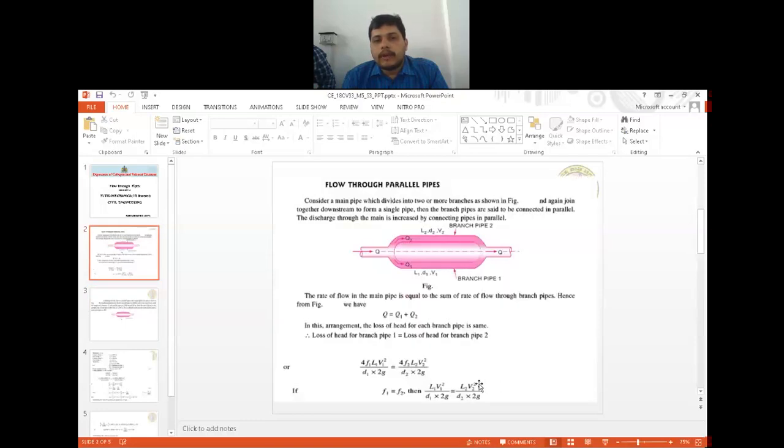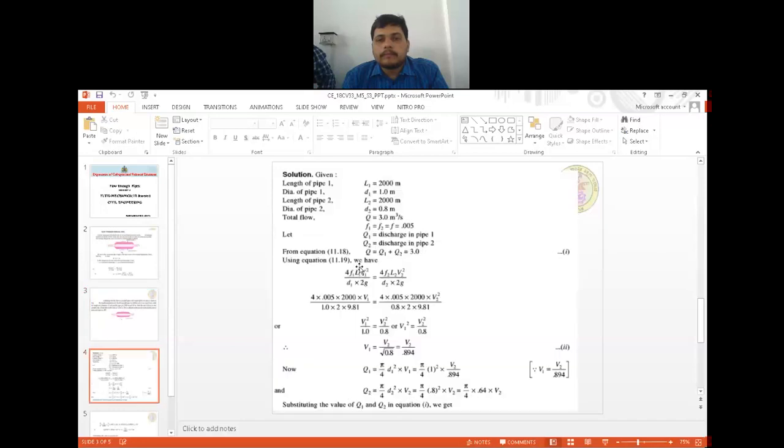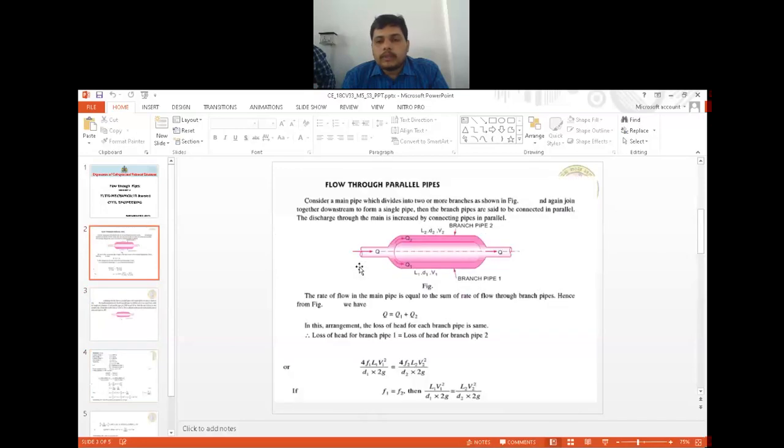This is the final formula. Using this formula, we have to solve the problems. This is the final derivation of the formula for flow through parallel pipes.